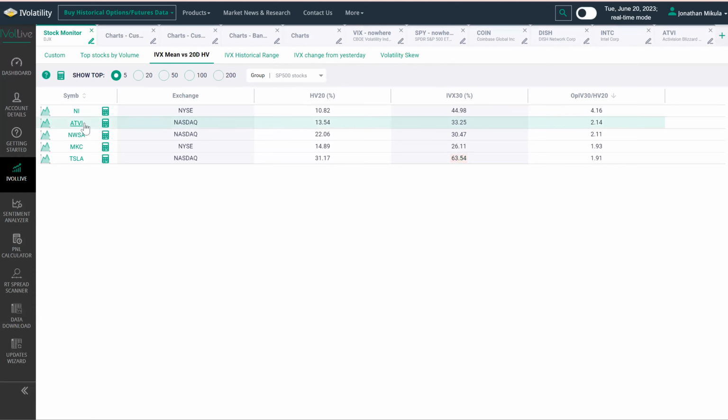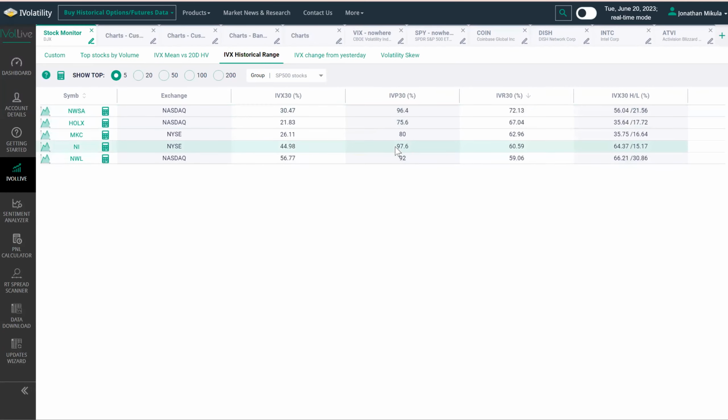So when I was running these scans, Activision showed up and I started digging deeper, which led to a few different use cases that I'll show today. So this is a very valuable, relevant scan. And basically what it's saying is, look, since the future could be different than the past, there are potential trading opportunities here. So this is one of my favorite screens.